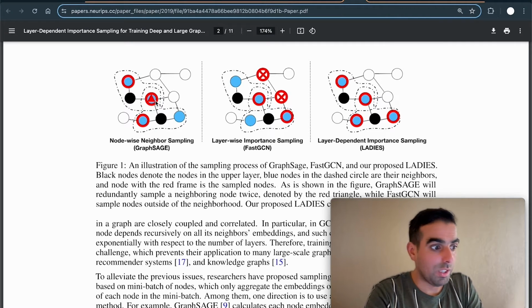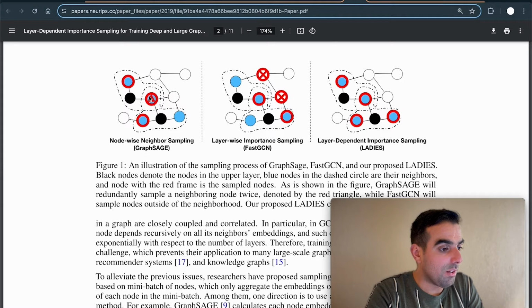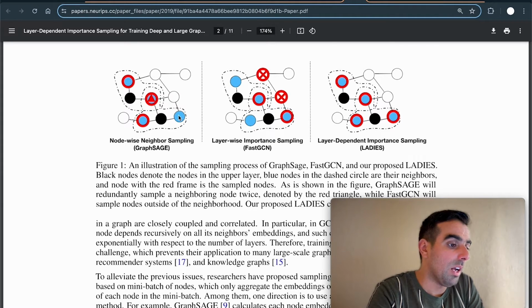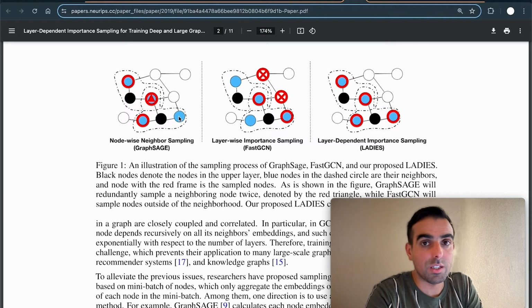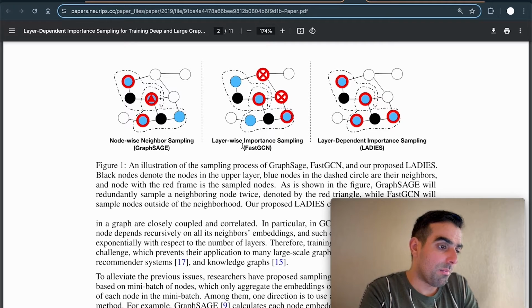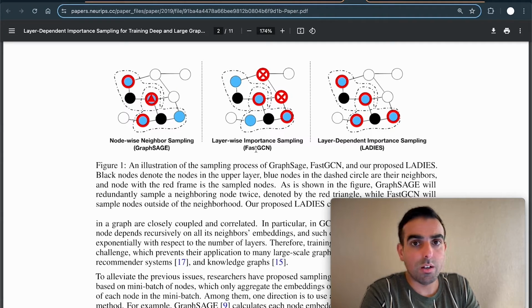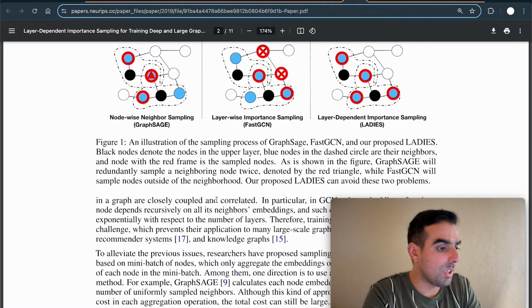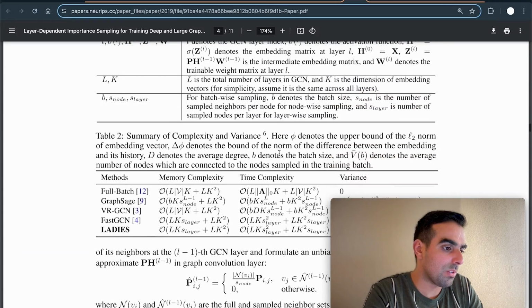And this is not good for training because this node will have a larger influence on training, and this node that did not get sampled won't have any influence on training. And in FastGCN, because the sampling does not account for neighboring connections, FastGCN will sample nodes outside of the neighborhood, just like these 2 nodes. The layer-dependent importance sampling, LADIES, solves these 2 problems, and here is the algorithm.